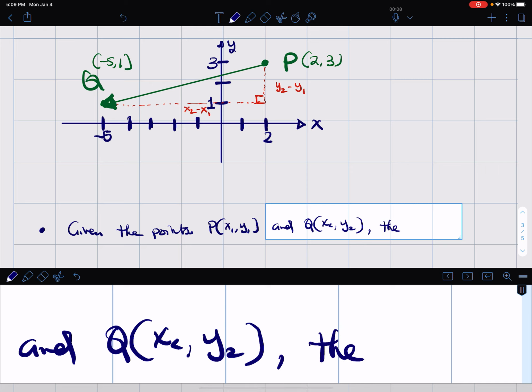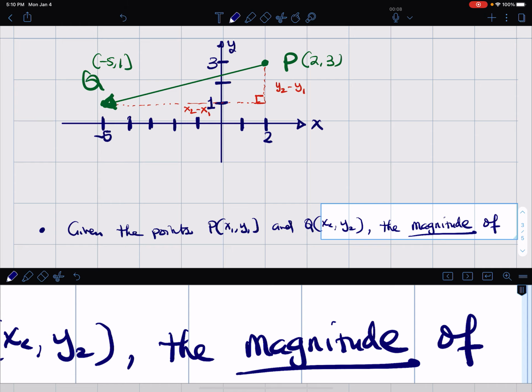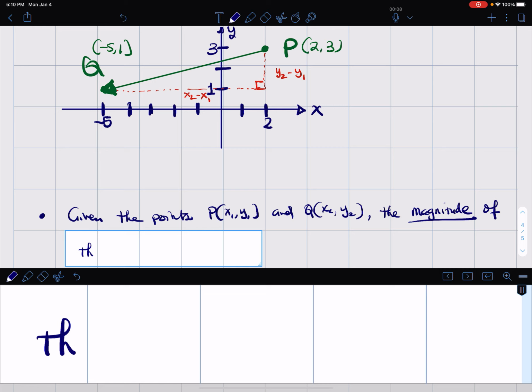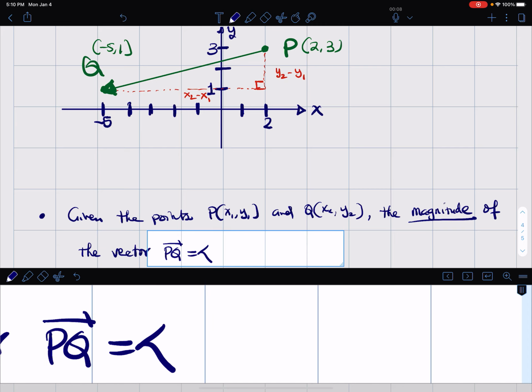The magnitude of the vector PQ. So remember, this vector PQ is just x2 minus x1, then y2 minus y1.